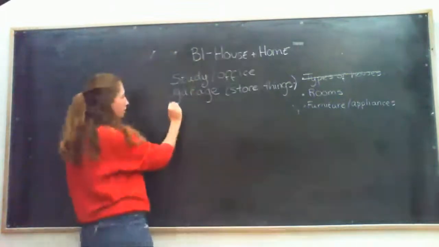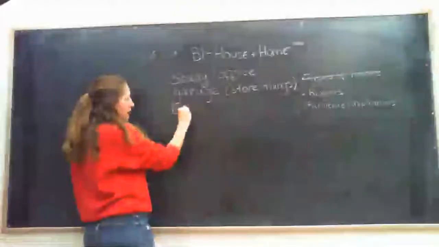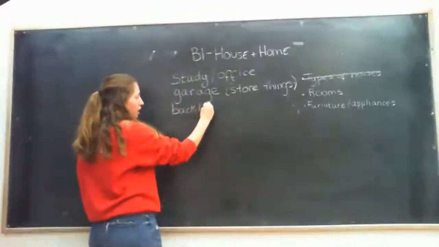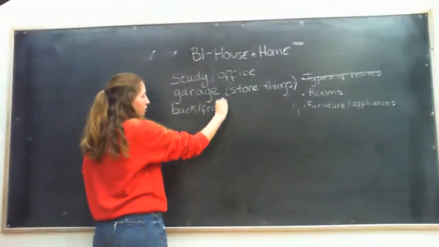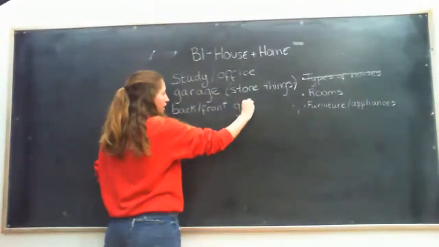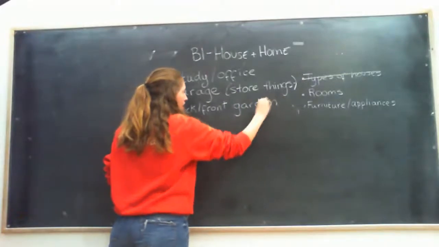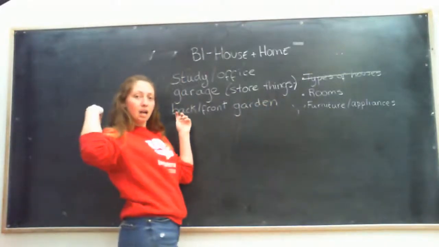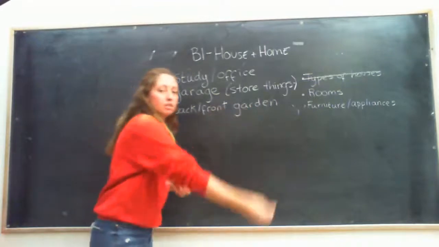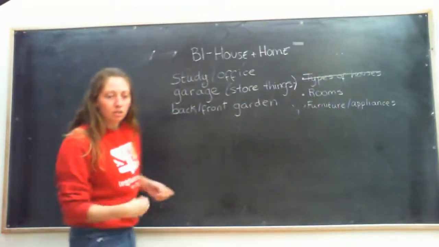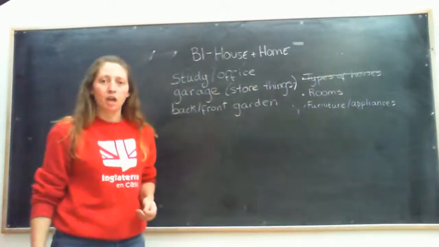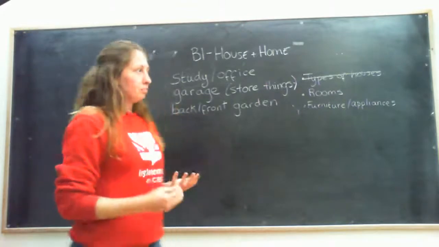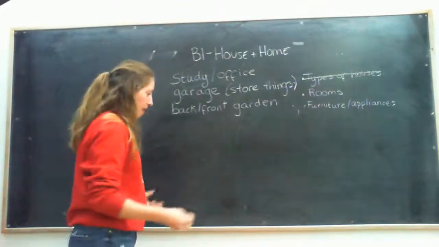Obviously, garden. So you might have a back garden or a front garden. If you, again, generally, if you live in a house, you have a garden maybe at the back, behind the house, or a garden at the front, in front of the house. You can say a back or a front garden. What other rooms in the house do we have?